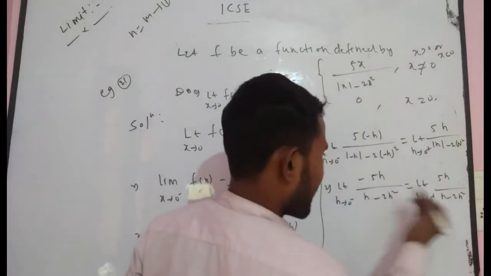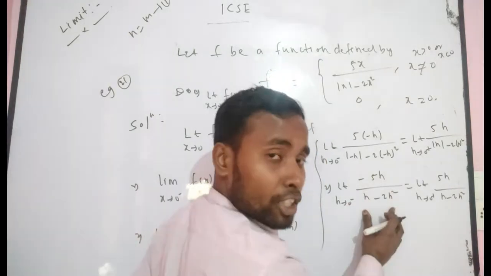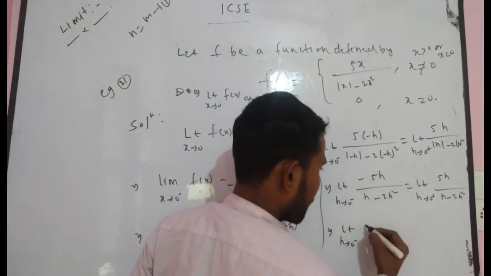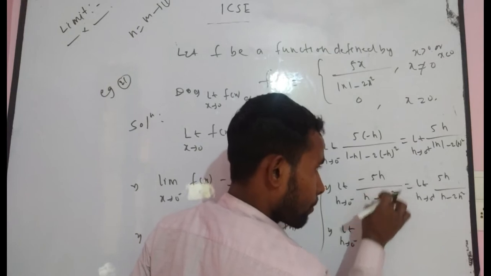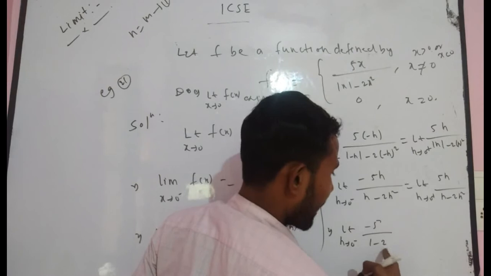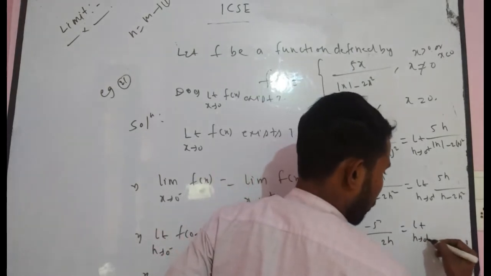Now, if you take common h in the denominator, then limit h tends to 0 from the left hand side, h can be cancelled. In both terms you get minus 5 by 1 minus 2h, equal to limit h tends to 0 from the right.